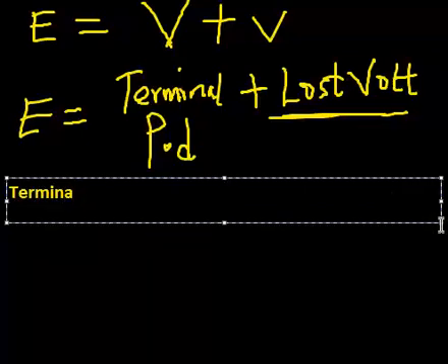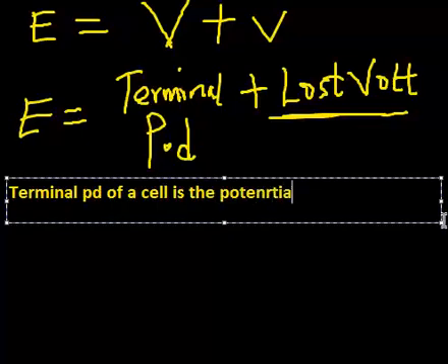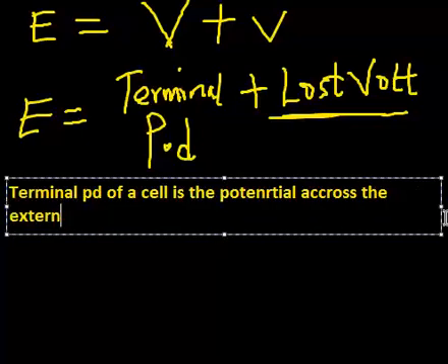Terminal PD, the terminal potential difference of a cell, is the voltage or the potential difference across the external load or resistance.